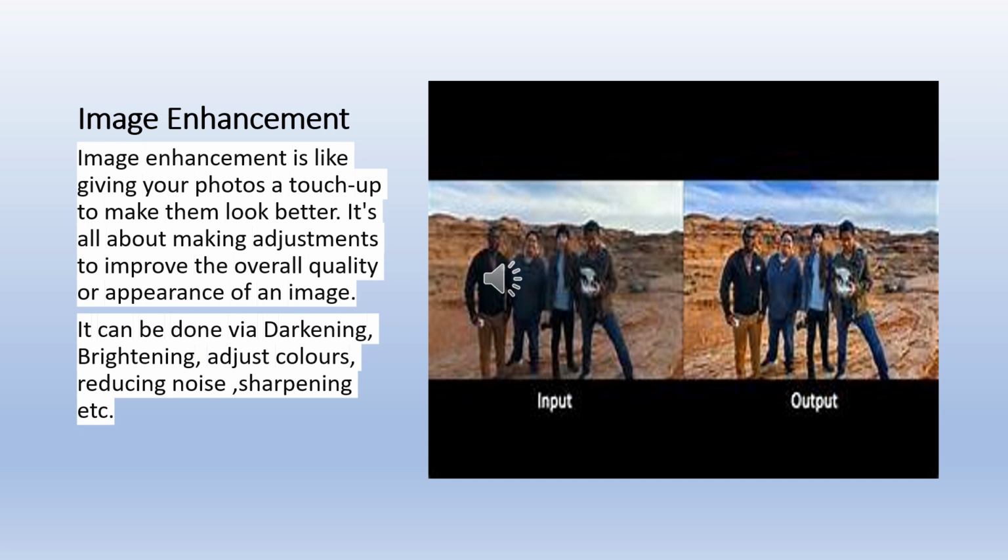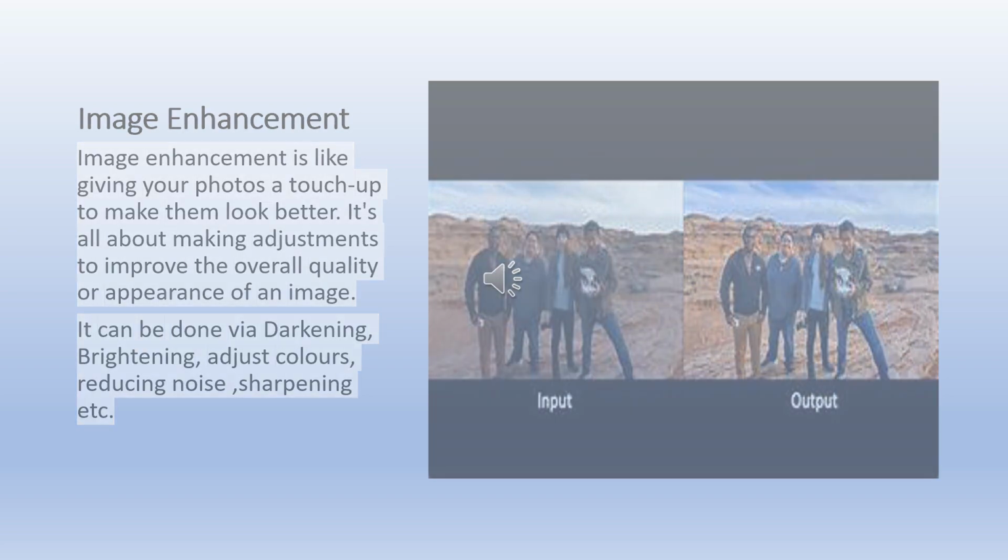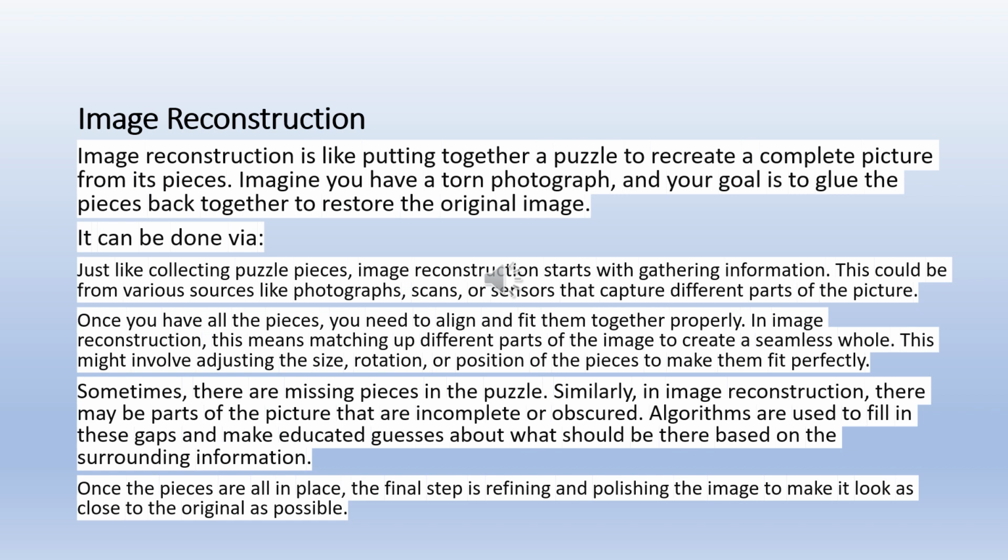It can be done by darkening or brightening it, adjusting the color, and reducing noise. You must be aware of some noise types, like salt and pepper noise, Gaussian noise, and white dot noise. I will discuss these noises in detail in coming videos.